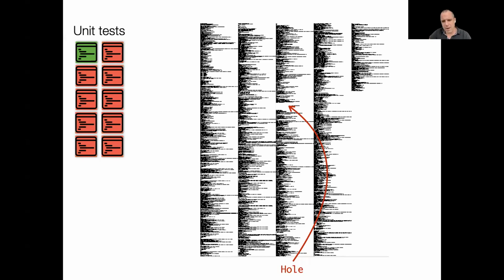The genetic programming algorithm will try to fill this hole with an expression that maximizes the number of passing tests. It can try to fill this hole with an expression, maybe this one. This one, self definedValuesX, is a bit better than just having an empty hole because some more tests are passing.